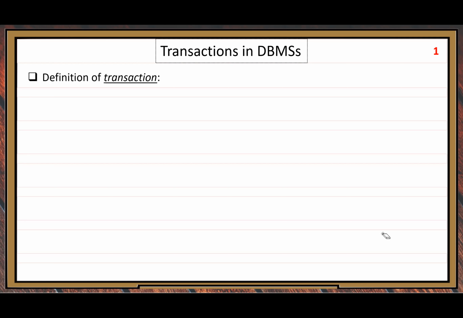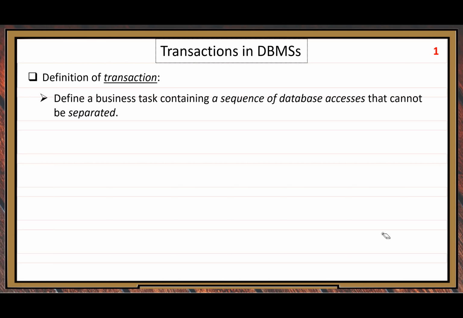Okay, all right. Definition of transactions. So what's the meaning? It defines a business task containing a sequence of database accesses that cannot be separated. This one sentence, that's the official definition, but from this one sentence, there are several important points we need to see.